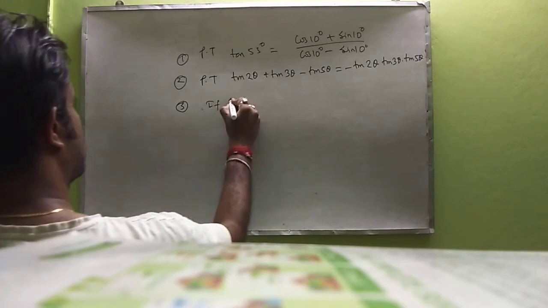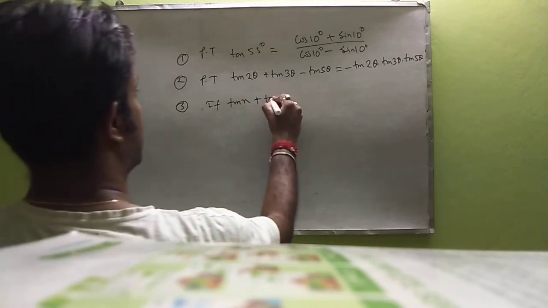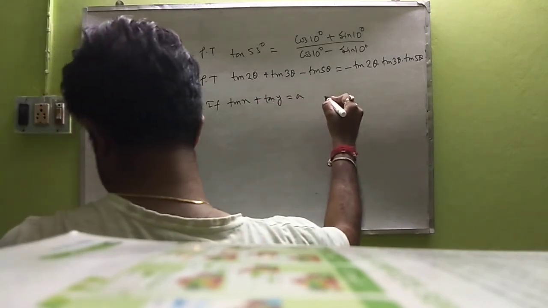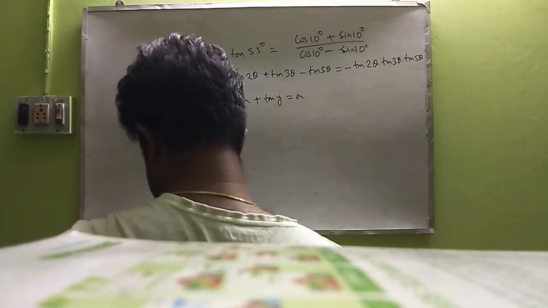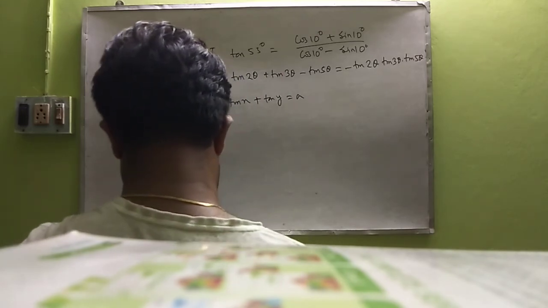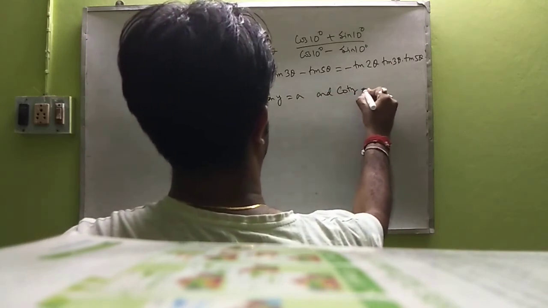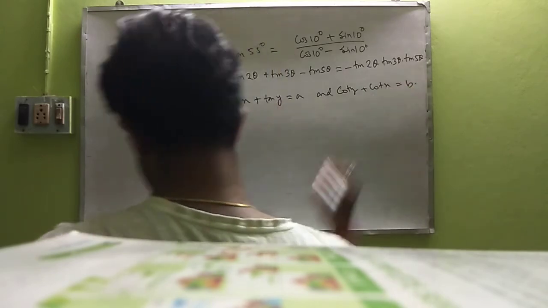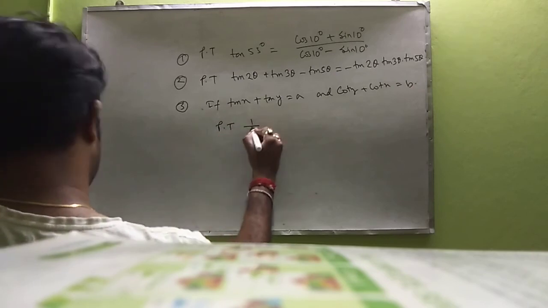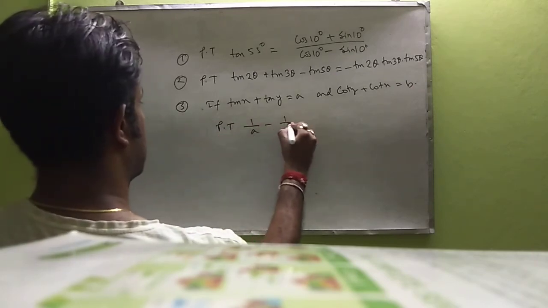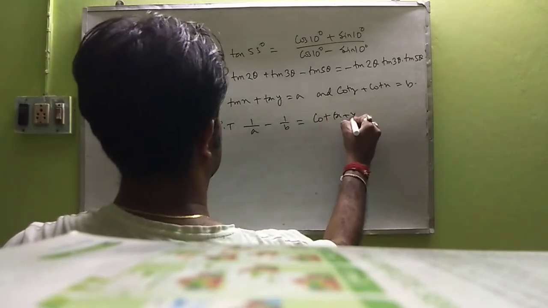And a very important sum: if tan x plus tan y is equal to a and cot x plus cot y is equal to b, prove that 1 by a minus 1 by b is equal to cot of x plus y.